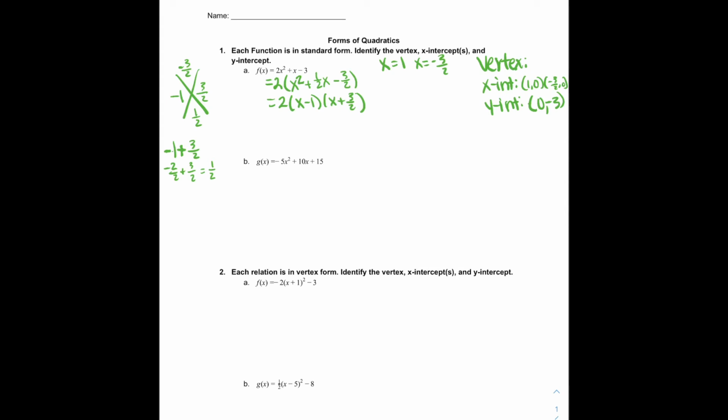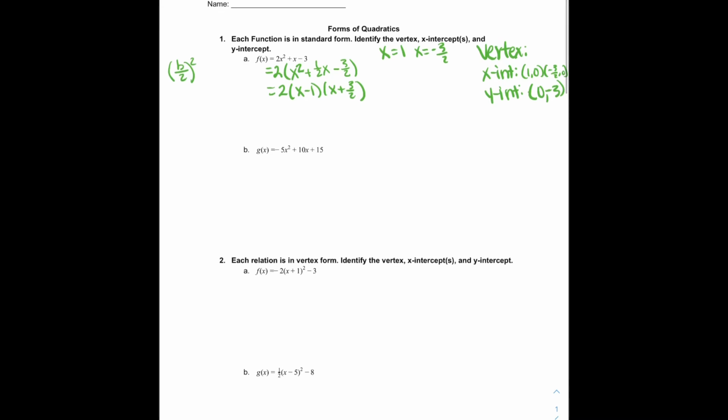Next, I want to go to vertex form. So I'm going to complete the square. I'm going to erase some of this so I have some room here. I'm going to use this complete the square where I have to do b over 2 squared. And in order to complete the square, my a value has to be 1, and we have to be in standard form.